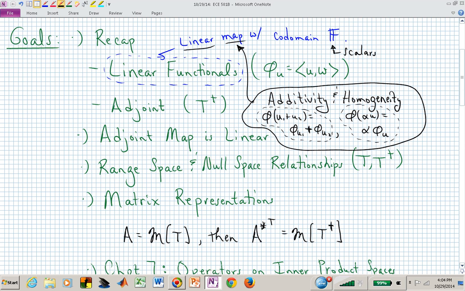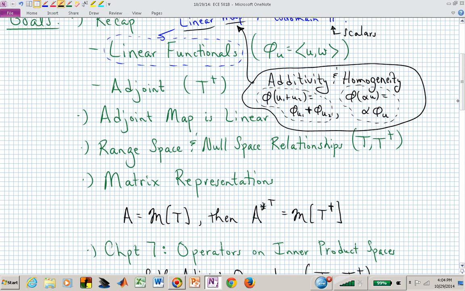Then we will look at matrix representations of these maps, and we'll show that under certain conditions we can think of the linear map T being represented as a matrix A. If we want to find the matrix representation of T dagger, the adjoint, that becomes the complex conjugate transpose of A.